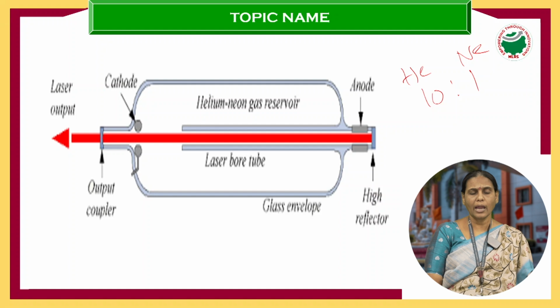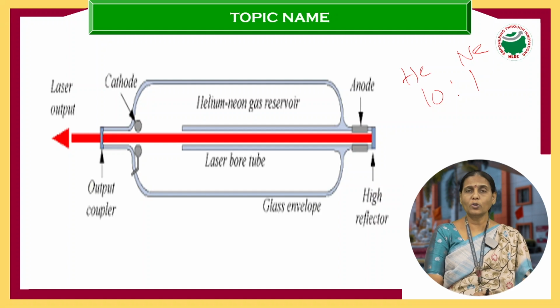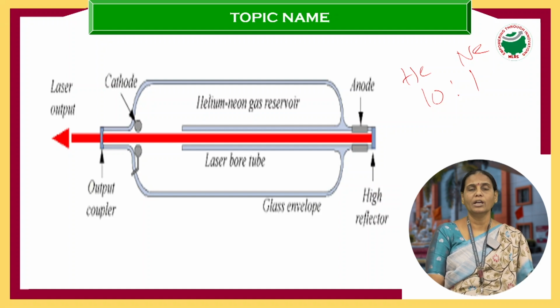Next, at both ends of the glass tube, two plano-concave mirrors are used in order to form the optical resonating cavity. Then here we are using a radio frequency oscillator. The type of pumping which we are using is electric discharge pumping.